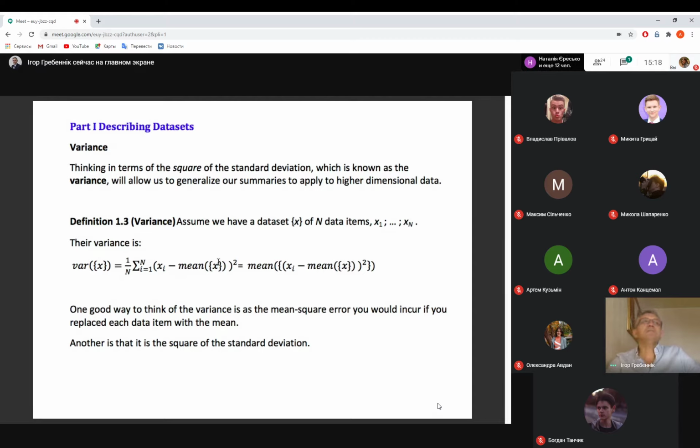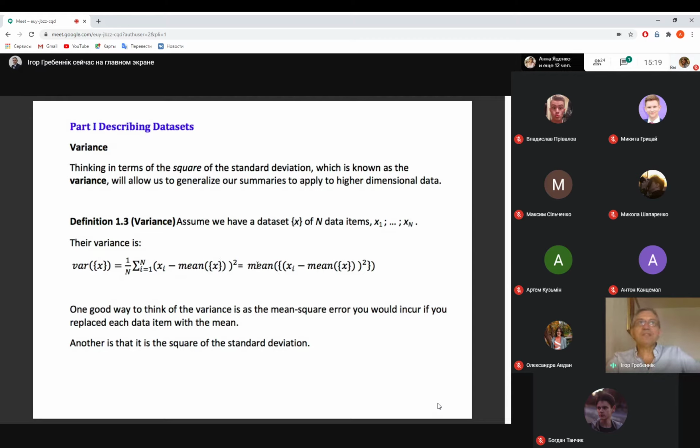And in theory of probabilities, in mathematical statistics, in data science, both characteristics are used. Standard deviation and variance. Square of standard deviation is equal to variance.